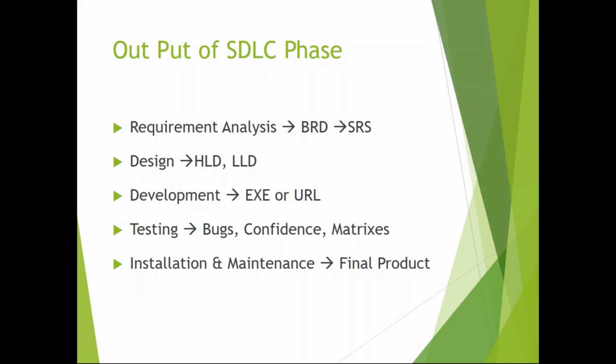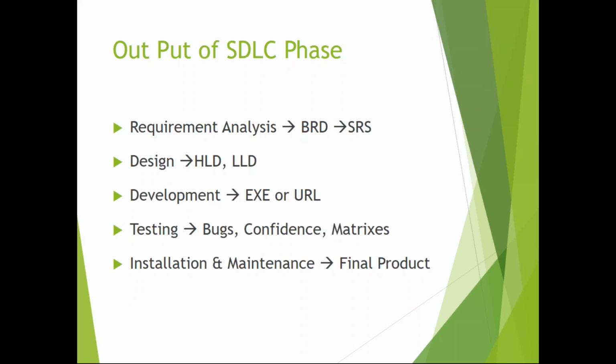So now we have the SRS and LLD: what my system will do and how my system will look. These two things finalize the requirement and design phase, and then these two documents go to the development phase. The developer refers to those documents and starts developing the application.